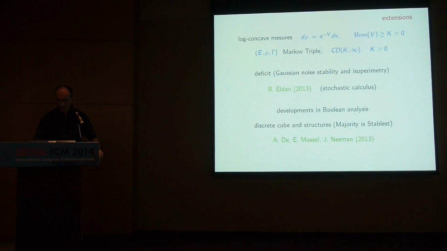And the last slide is just to mention some extensions. This doesn't only work for Gaussian measures, it works for families of log concave measures in a pretty abstract setting. The study of the deficit in both the isoperimetric and noise stability theorems has been done recently by Eldan, using a further tool from heat flow interpolation, but more in terms of stochastic calculus.